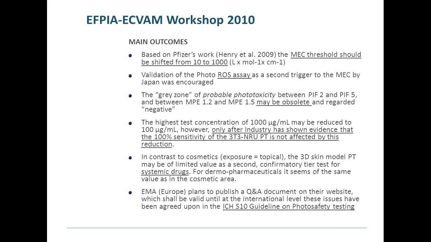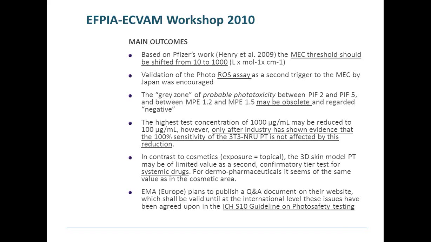The gray zone that Alison showed, which is currently also in the OECD guideline, between a PIF of 2 and 5 and between an MPE of 0.12 and 0.15, sorry, that was a typo, may be obsolete. I'm telling you already that the ICH guidance document now says you may regard this as negative.